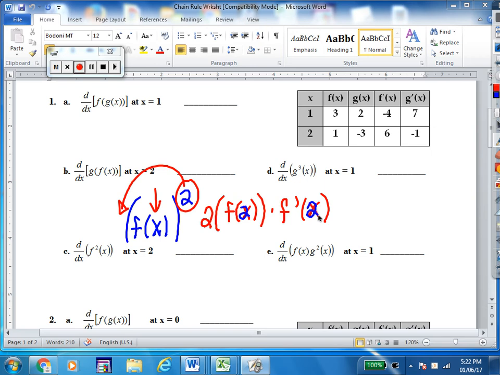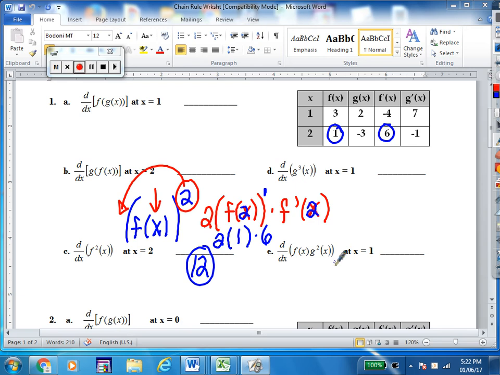F of 2 is 1, so this becomes 2. And don't forget, I did subtract the power, but it's just the power. 2 minus 1 is 1. So it'll be 2 times 1 times the derivative of f at 2, which is 6. And I get 2 times 1 times 6, which of course is 12. And that's it. We're done.